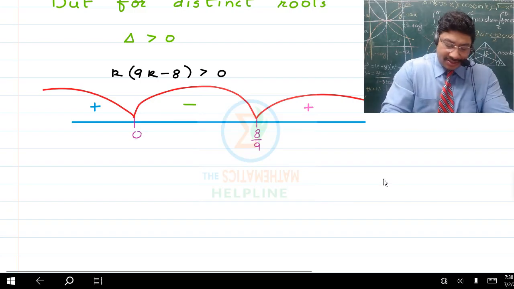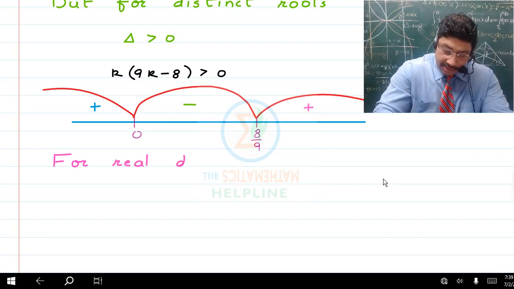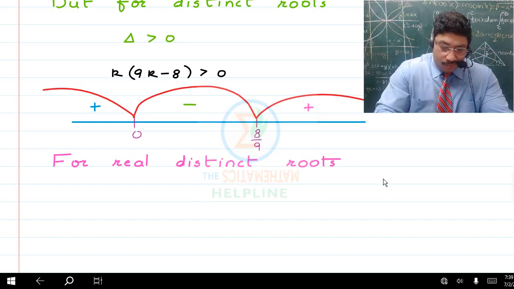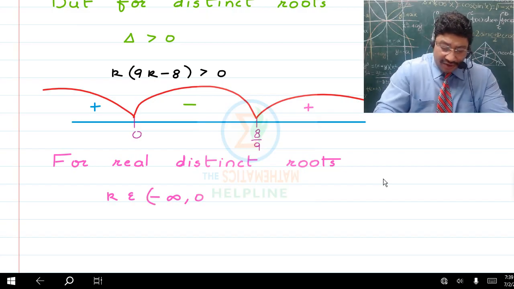So here thus you will say that for real distinct roots, we should be having k to be an element of minus infinity comma 0, and minus infinity obviously cannot be approached.